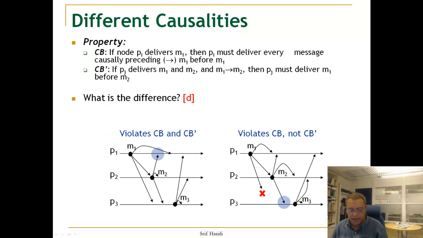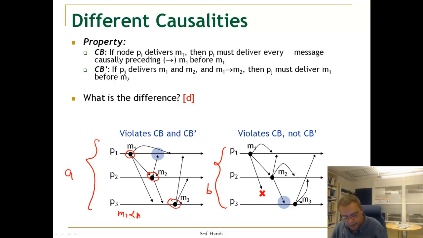Here are two scenarios. We call this scenario A, and this is scenario B. We look at A first. We have three processes. P1 broadcasts message M1, which causally precedes message M2, which causally precedes message M3. So M1 is before M2, which is before M3.